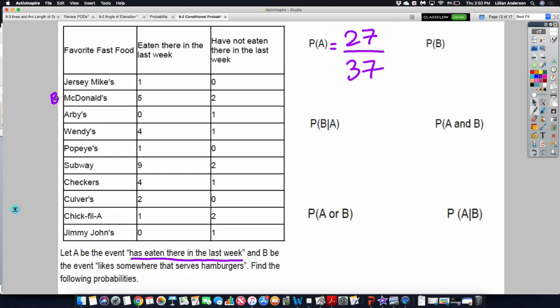Arby's, I'm pretty sure they do have hamburgers. Wendy's, yeah. Popeyes, no, they serve chicken. Subway, no. Checkers, yes, they do.